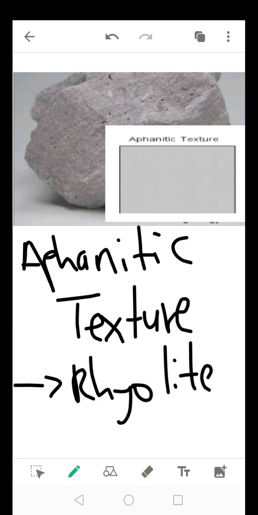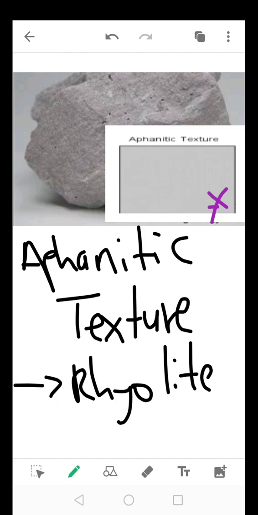Look at this diagram over here at your far right. You can see that within the box there are no crystals that can be seen. But obviously, when we say there are no crystals, they are not like the one that we visited previously, the obsidian, wherein the crystals had no chance at all to crystallize. Here, the crystals formed, but they didn't have enough time to grow.